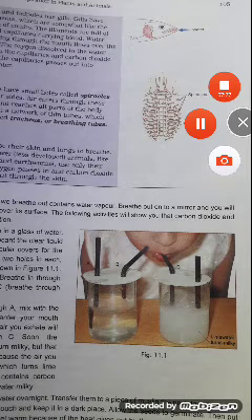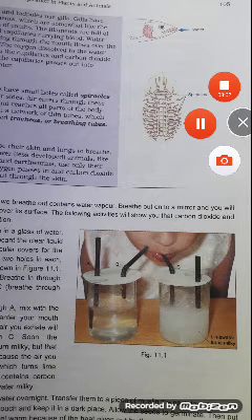Next is gills. Fish and tadpoles use gills. Gills have filaments which are somewhat like the teeth of combs. The filaments are full of small capillaries carrying blood.